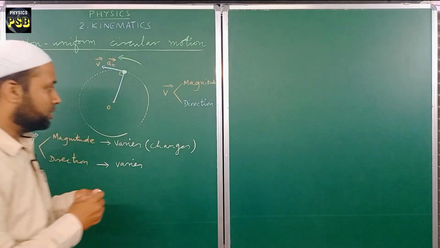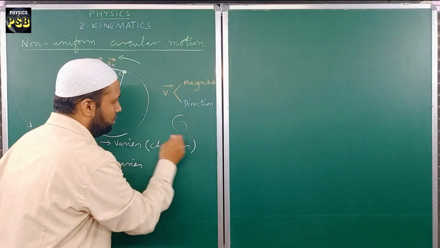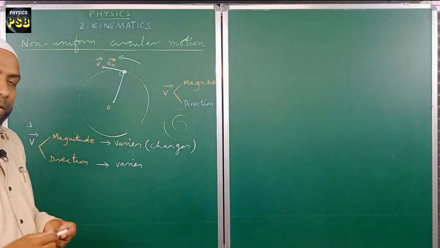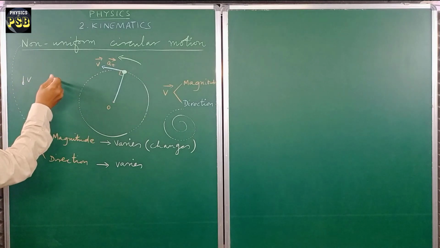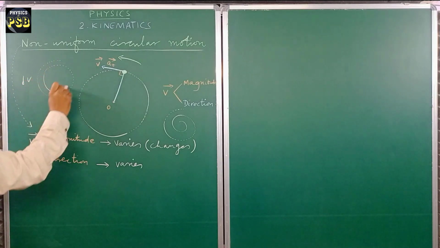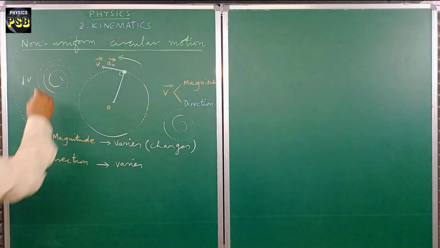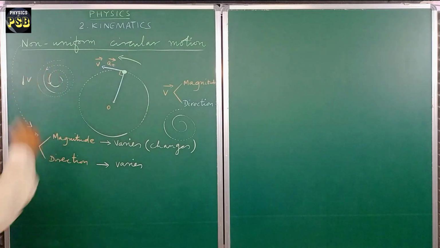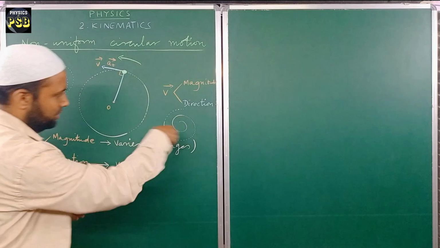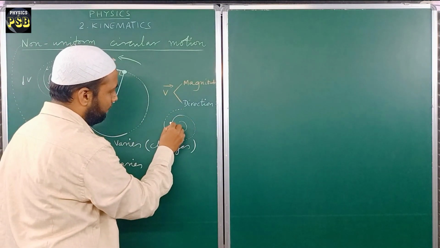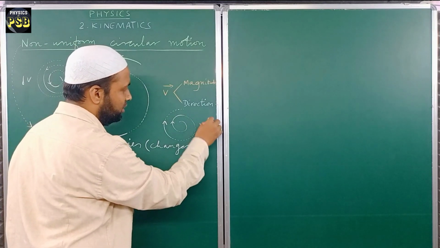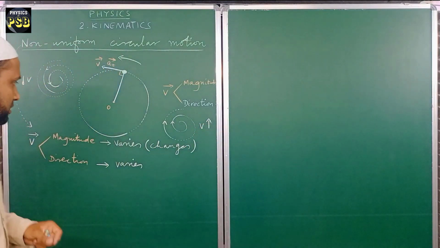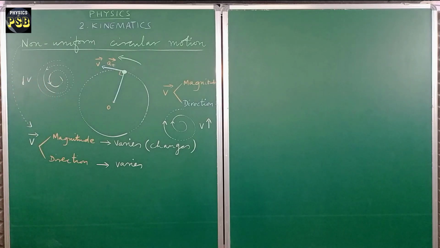So in such a case, it can move in this kind of spiral path when the velocity reduces, and the object will start getting closer to this center. Clear? Here, this shows the movement of the object when the velocity increases. Remember this. Got it? So we call such kind of motion a non-uniform circular motion.